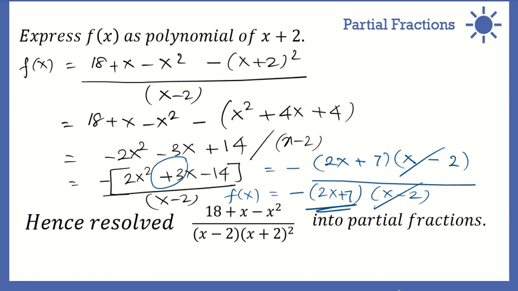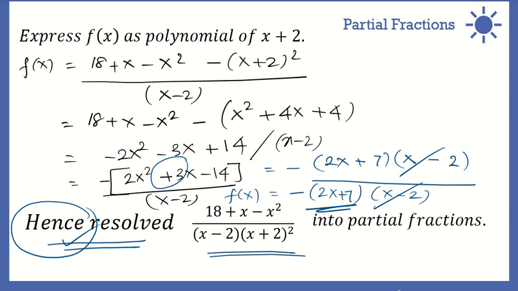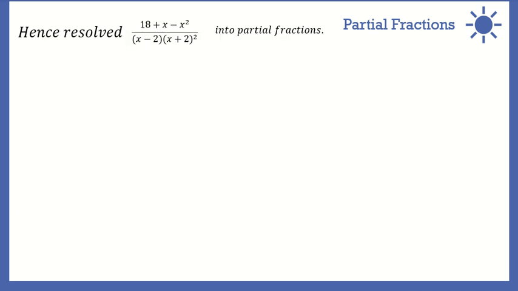Okay, the final part. They say 'hence', and this word is important: hence means using the previous part. So I have to resolve this expression into partial fractions. Now our f(x) is minus 2x plus 7.